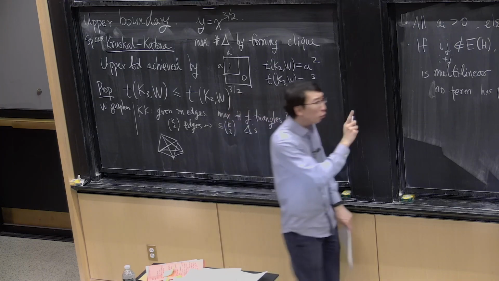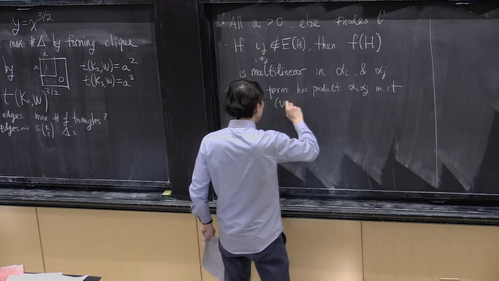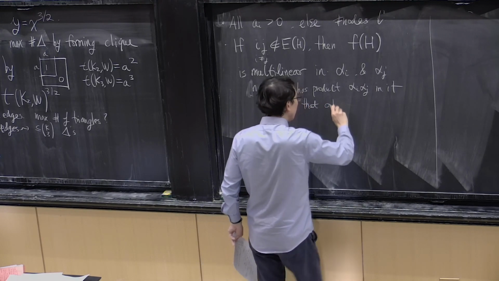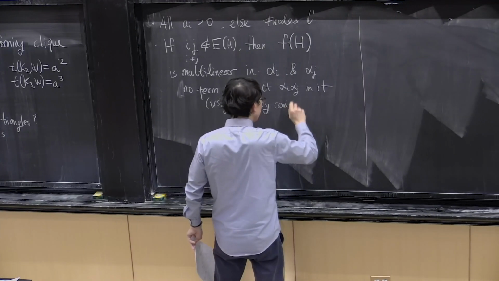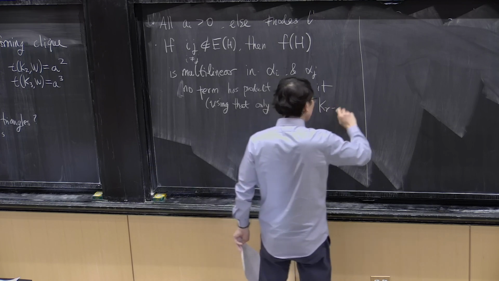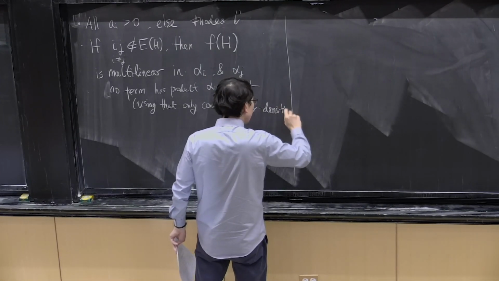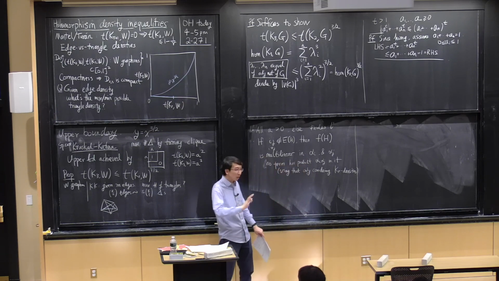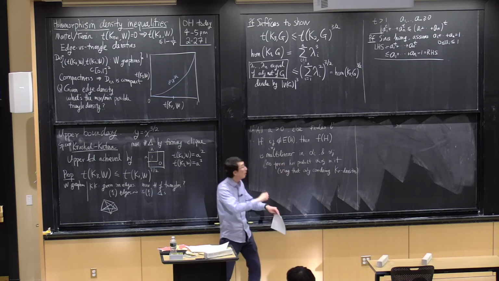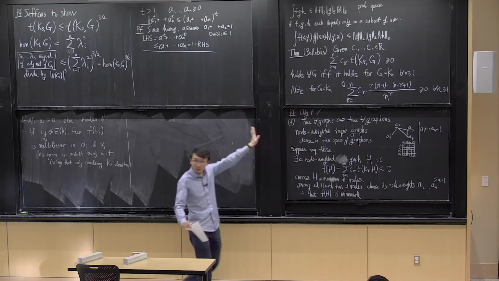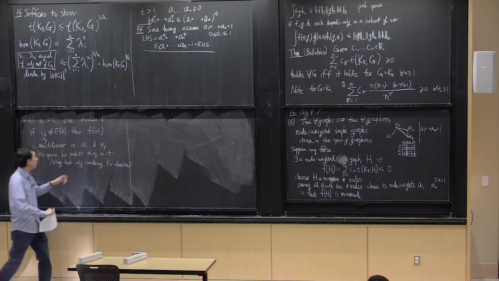Okay, so here's where we're really using that we're only considering clique densities. Right, so the theorem up there is completely false without the assumption of clique densities. If we have a general linear inequality, then the statement is completely false.